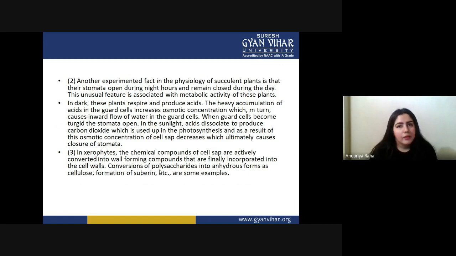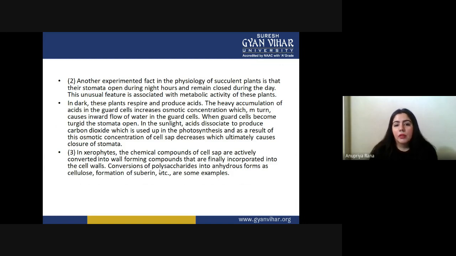Third thing, their stomata are never open in the daytime. The stomata open only at night, so no transpiration takes place because transpiration happens only during the day. So if they open at night, there will be no transpiration.